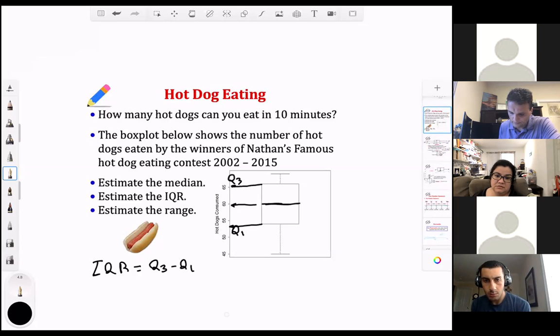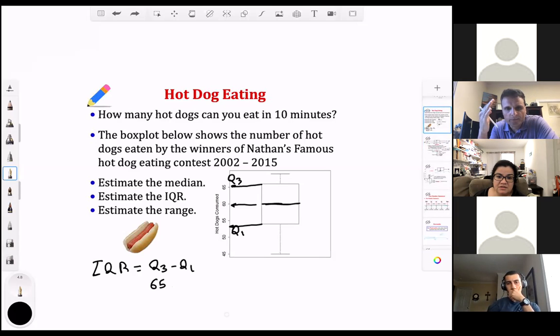Approximately, I'm going to say 65 for Q3. And for Q1, this is 50, 55. I cannot read. 50 to 55, well, 52.